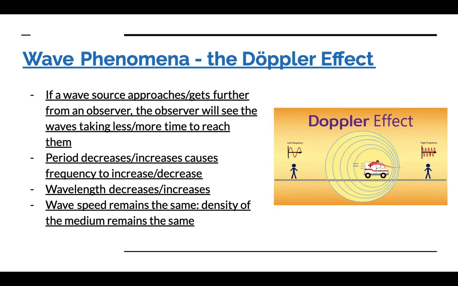So as our ambulance approaches our person, the period is going to decrease, which, because period is the reciprocal of frequency, is going to cause an increase in the frequency of the sound waves approaching you, which is why we see this kind of building up of waves right here, so to speak, in layman's terms. So this increase in frequency is what you're hearing as the car gets closer.